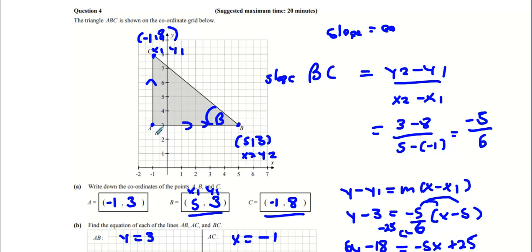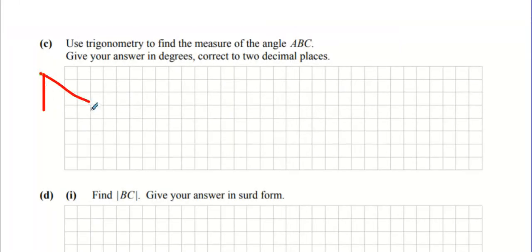Well, we find some lengths here. 1, 2, 3, 4, 5. Has a length of 5. And 1, 2, 3, 4, 5, 6. So it's a 6 for the adjacent, 5 for the opposite.